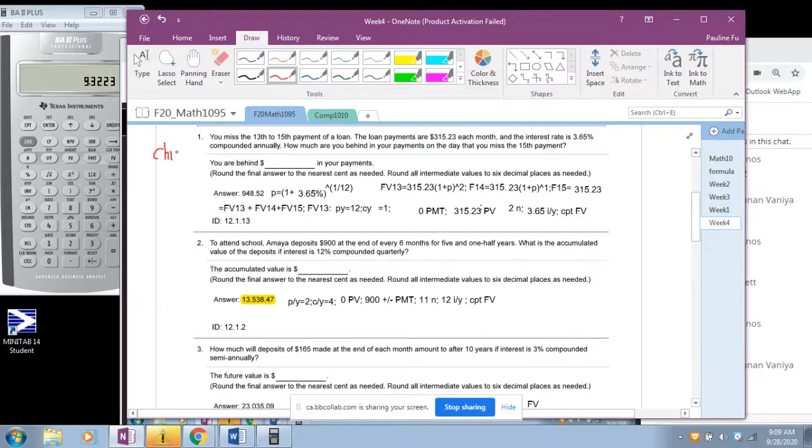12.1. Chapter 12 is about ordinary general annuity. In chapter 12, PY is not equal to CY. That is the difference between chapter 11 and chapter 12. The similarity is that the payment is made at the end.